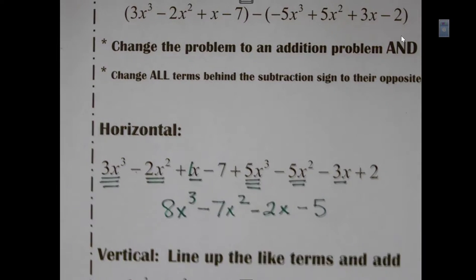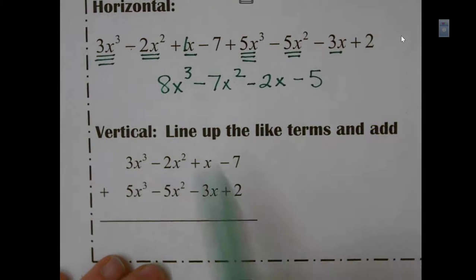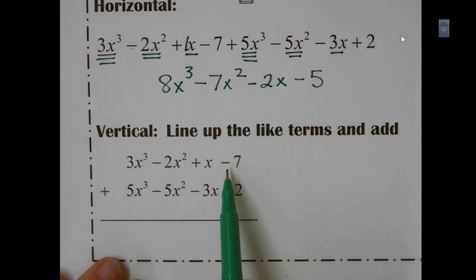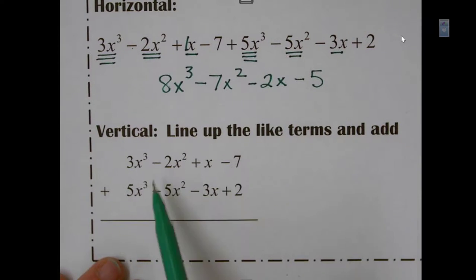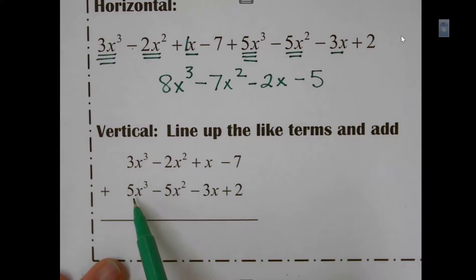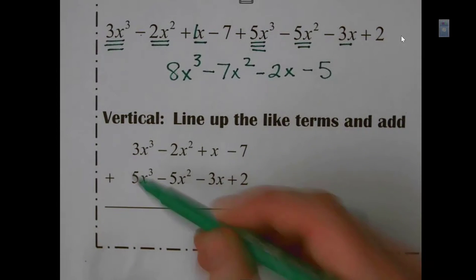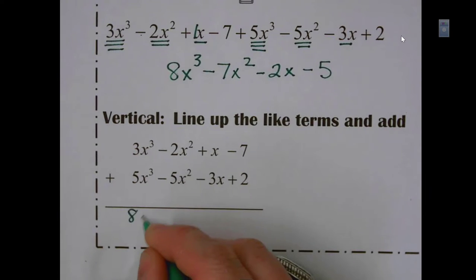Now you can also do that vertically. Just line them up. Get those like terms. Notice that first polynomial is just the same as above. But as I write them down, I change this to an addition problem, change everything to its opposite. Now let's see if we end up getting the same answer. 3 plus 5 for our coefficient, 8x cubed.